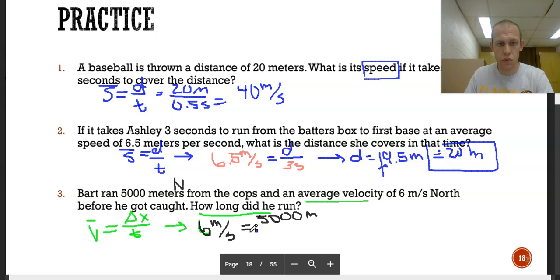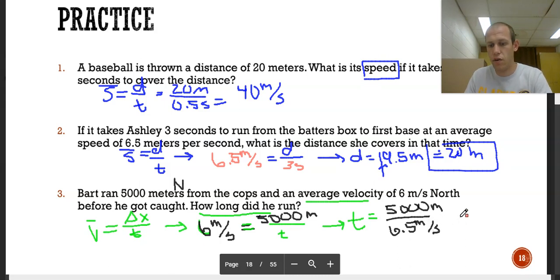And we are going to divide by our time. So to figure this one out, I would have to multiply time to both sides and then divide 6 meters per second to both sides. So essentially what I am doing is to find t, I have to take the 5,000 meters divided by my 6.5 meters per second.